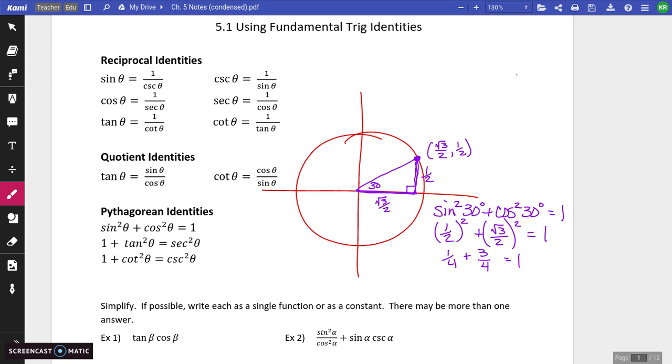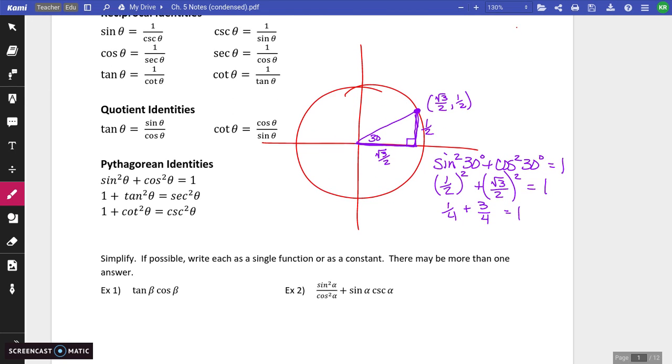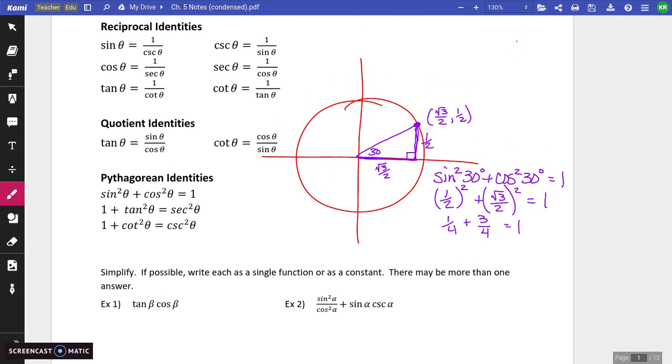Okay, so let's go to number 1. We're going to simplify. So we're going to use either reciprocal identities or Pythagorean identities to rewrite these to see if we can figure out a way to simplify them. So one method that can work is changing everything to sines and cosines.